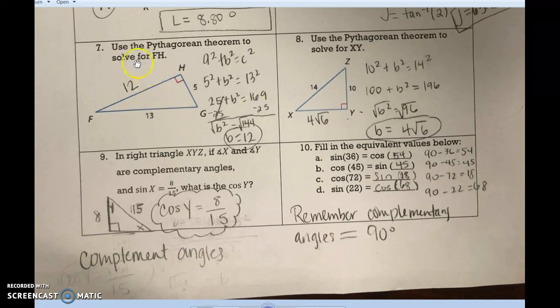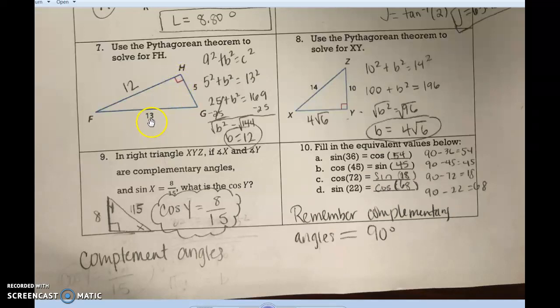Number 7, you just have to use the Pythagorean theorem. I wrote it here up top: a squared plus b squared equals c squared. We're looking for side length FH. I wrote that in. Remember, your hypotenuse is always across from the 90-degree angle.